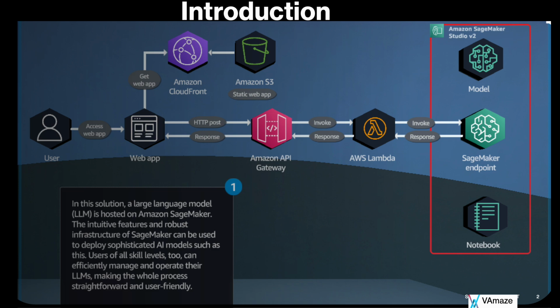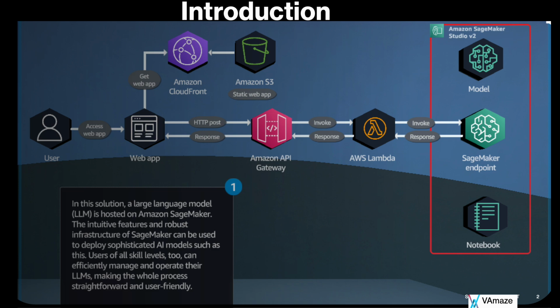The user interacts with the web app, which sends an HTTP POST request to Amazon API Gateway. The API Gateway forwards the request to an AWS Lambda function, which processes the input and invokes the SageMaker endpoint. SageMaker handles the inference request using the deployed model. The response is sent back through the same route, ensuring seamless interactions.